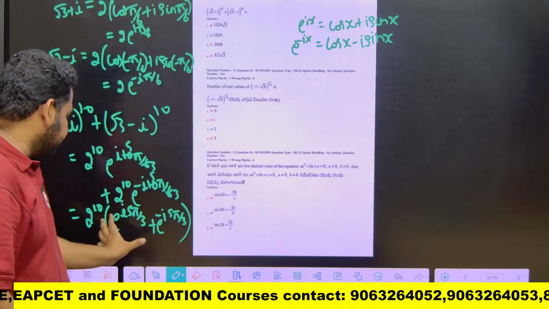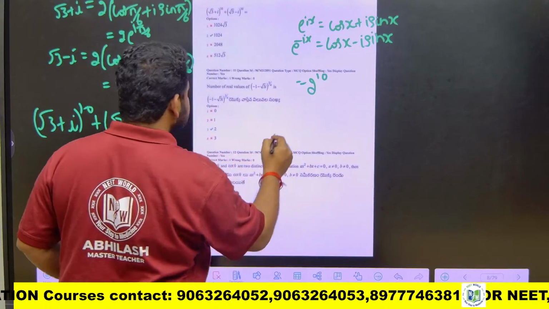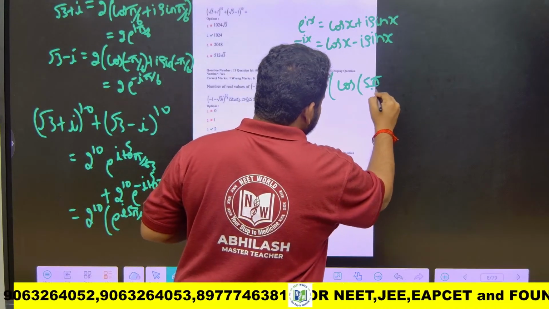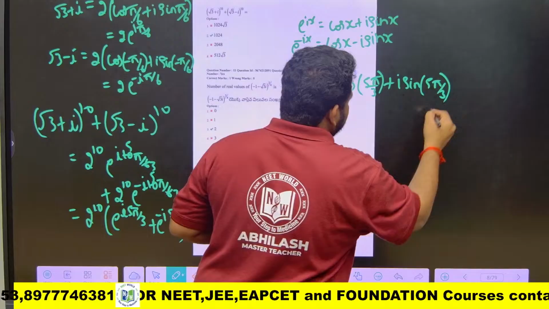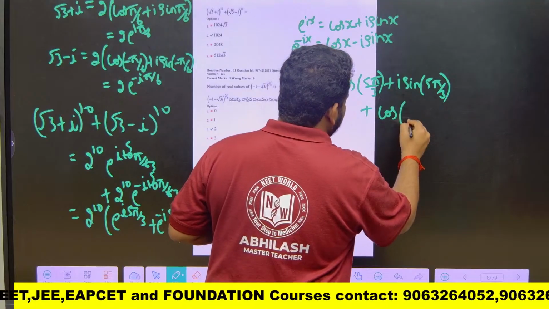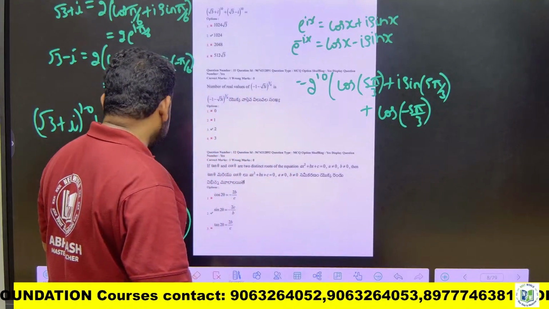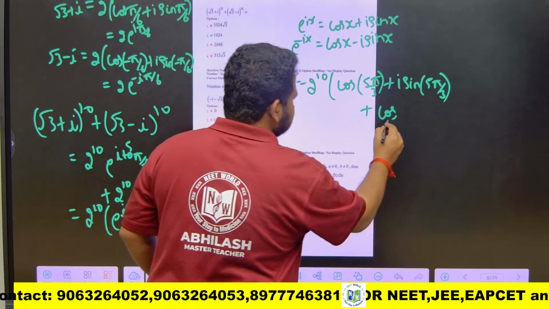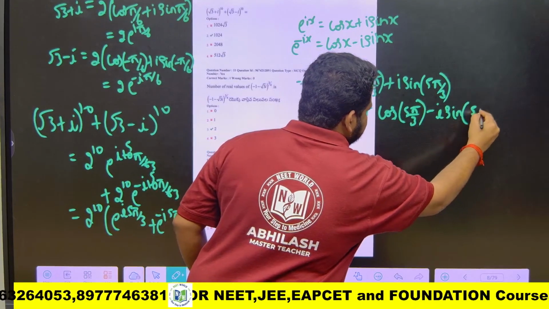So if I substitute the values here, this will become equal to 2 power 10 into cos of 5 pi by 3 plus i sin 5 pi by 3, plus cos of 5 pi by 3 minus i sin 5 pi by 3.